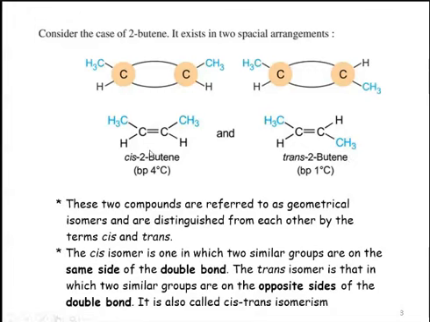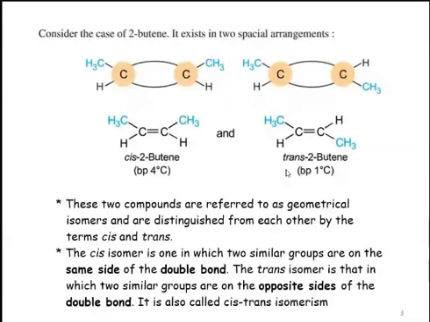So when we add the term cis or trans, we give a clear idea regarding the spatial arrangement of the molecule. Clear? When we are talking about geometrical isomerism, it is very important to specify the exact orientation of the molecule in space.